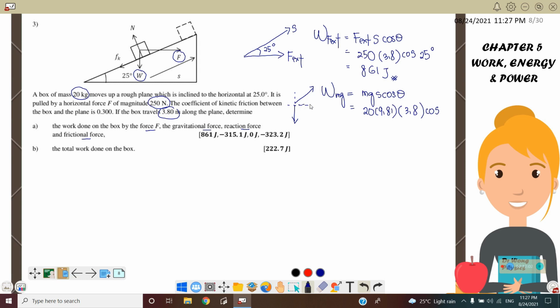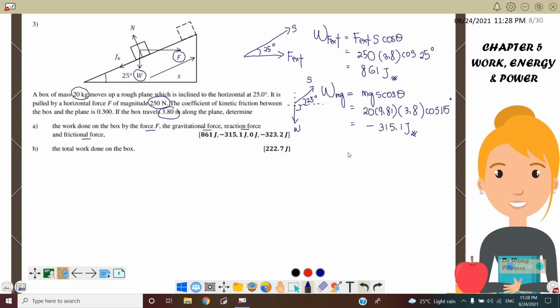Just now we already know that the angle between the horizontal and the displacement is 25 degree. So the angle between the weight and the displacement is 25 plus 90, which is 115 degree. So we substitute into the equation, press the calculator, and you will find that the answer is negative 315.1 joule.